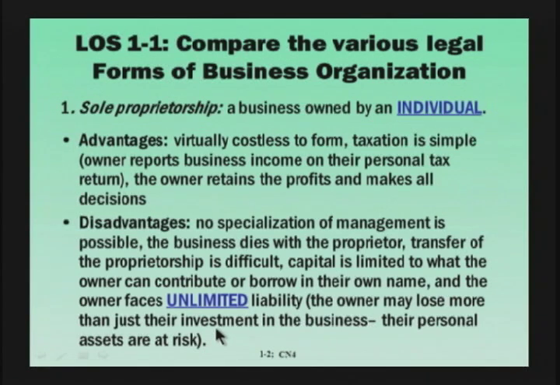So if someone makes a defective product doing business as a proprietor, and that product is defective, and someone sues the proprietor and the proprietorship, since they're one and the same, then they might be able to seize the business assets, but they might be able to also seize the owner's personal assets as well. So that's known as unlimited liability.